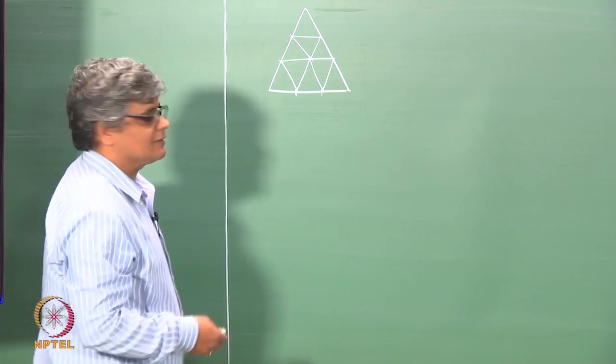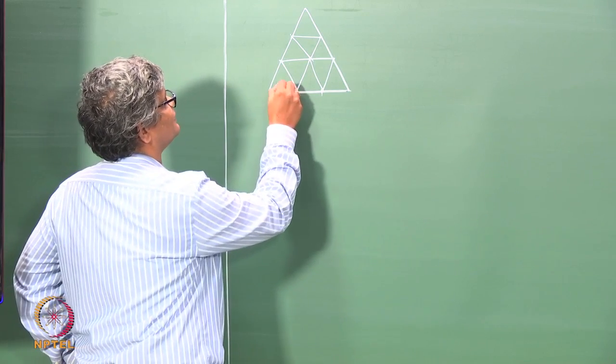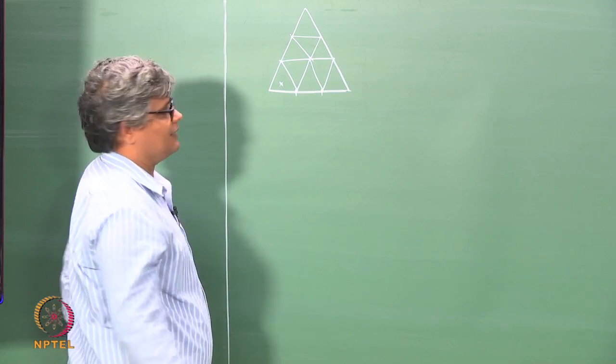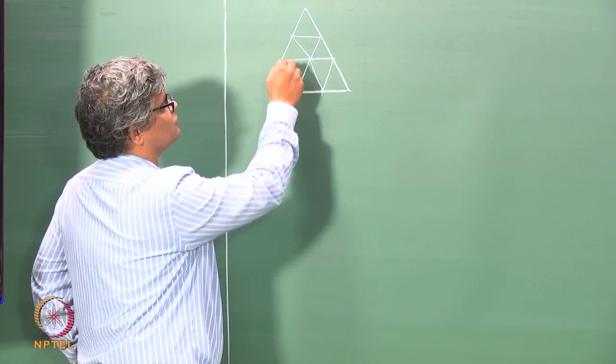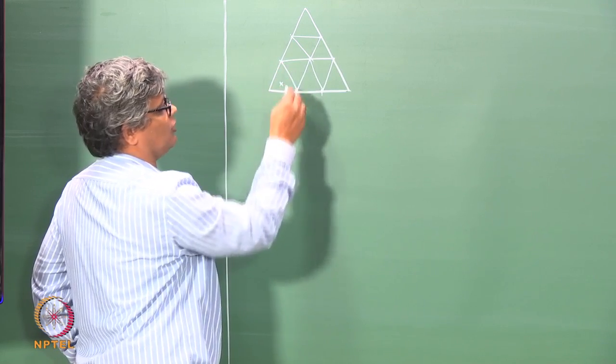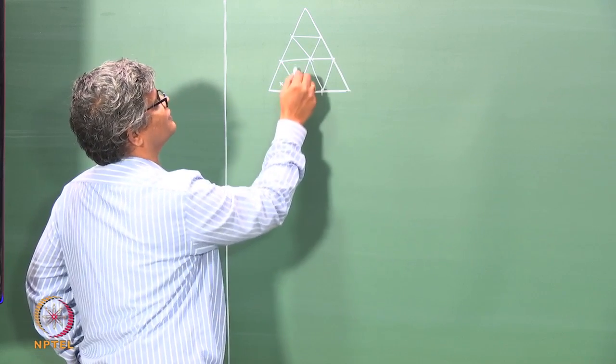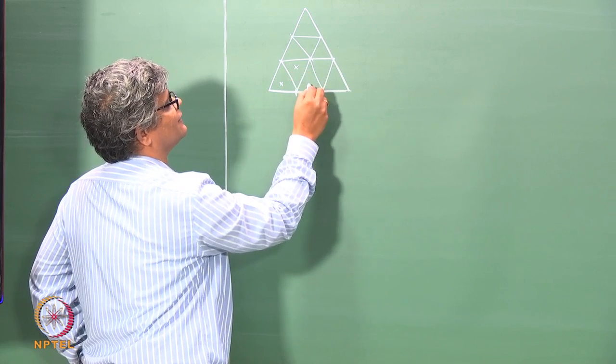We can identify the centroids. These are 2/3 of the height from the top and 1/3 of the height from here. So they will be like this.